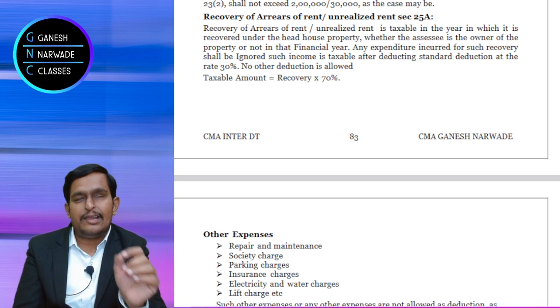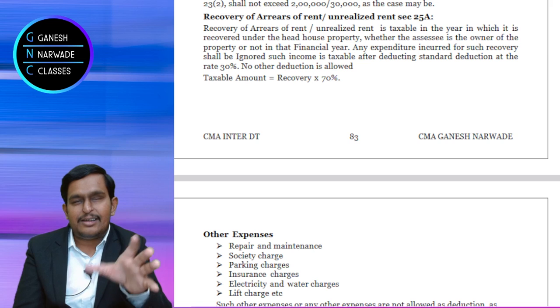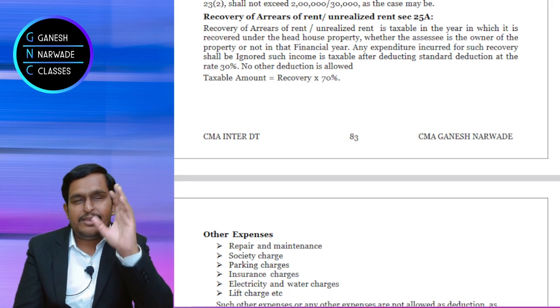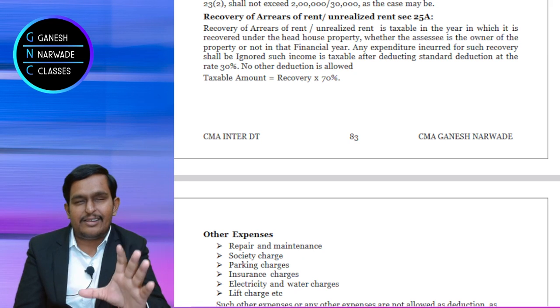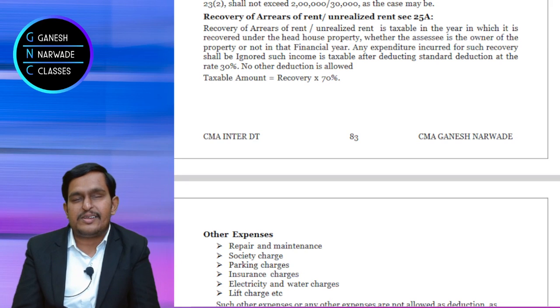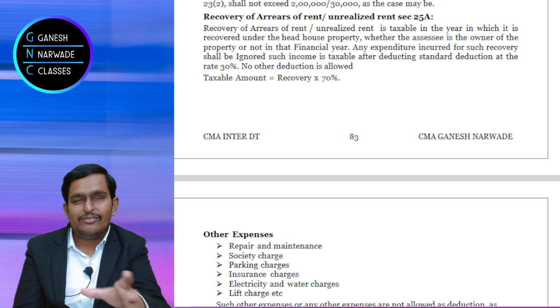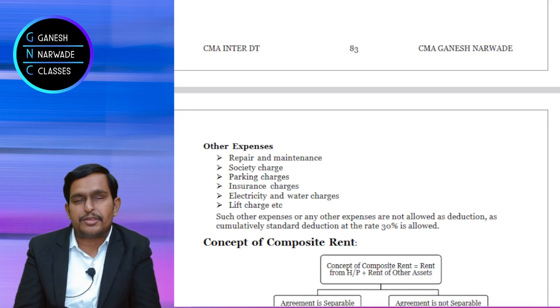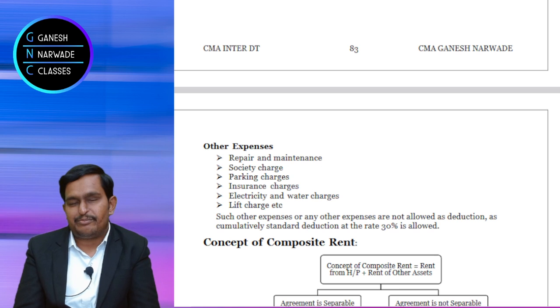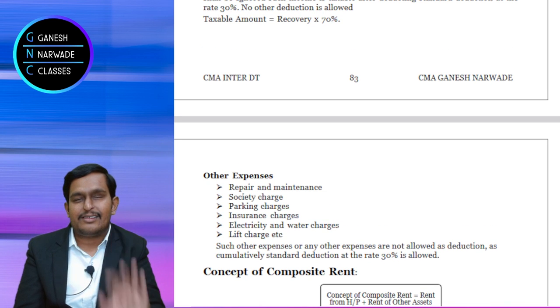Suppose, for example, a hotel is giving not only the flat but also furniture, TV, AC, washing machine, fridge, everything, then it is the business and profession chapter, right? But if I am giving one flat of mine on rent with all these amenities at a single price, then it is income from other sources, right? This way you should be able to understand, because I am not doing business, correct?